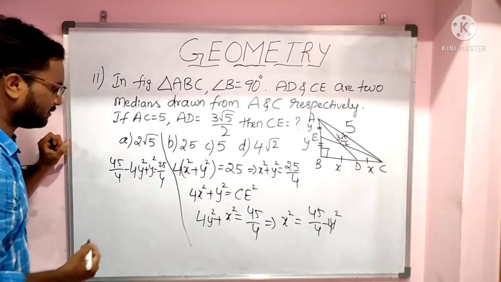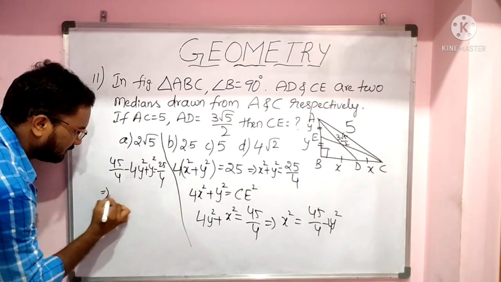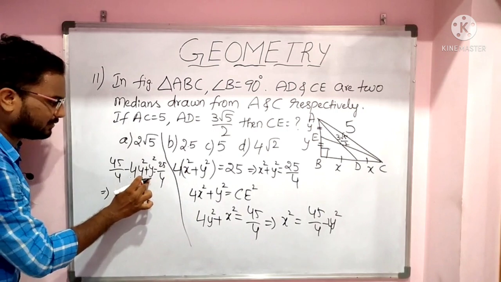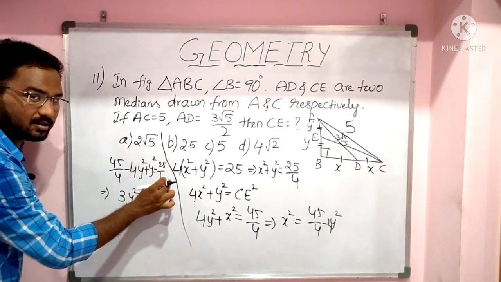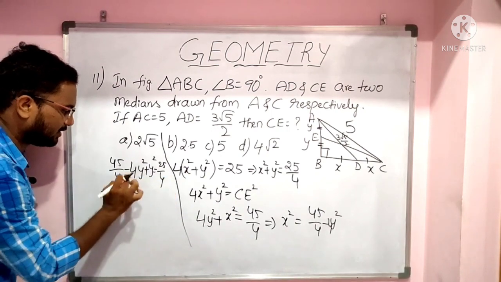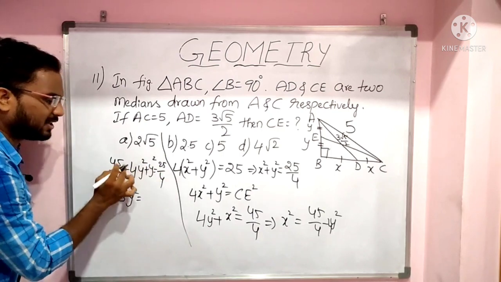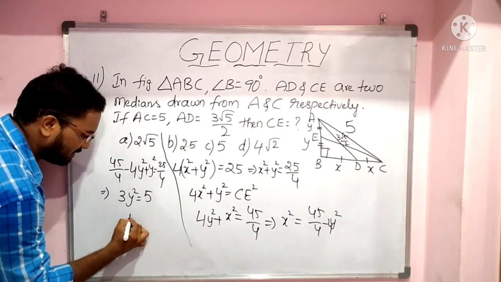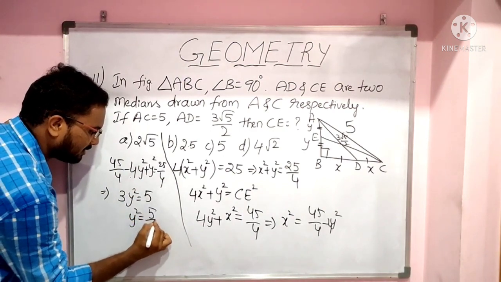So 3y square, if you take this value here, it will convert into positive: 3y square equal to 45 by 4 minus 25 by 4, 20 by 4 means 5. So y square value 5 by 3.